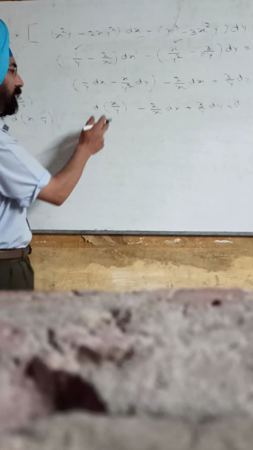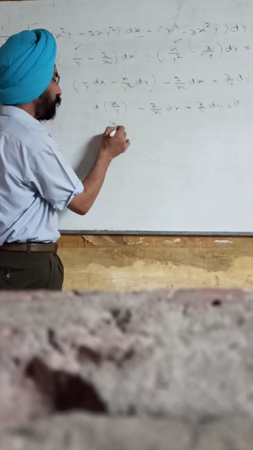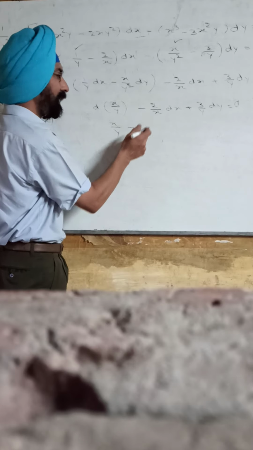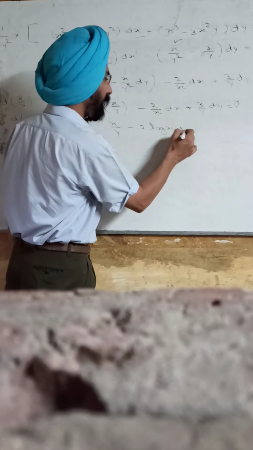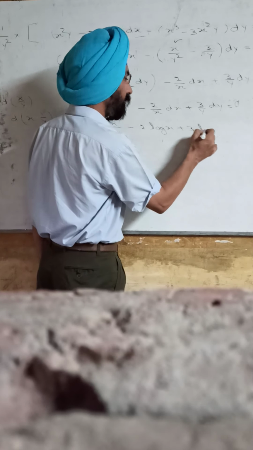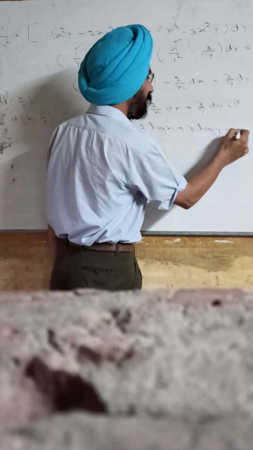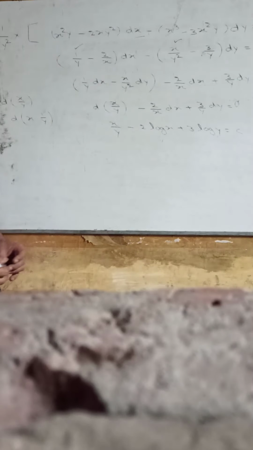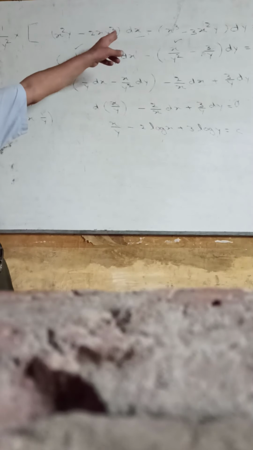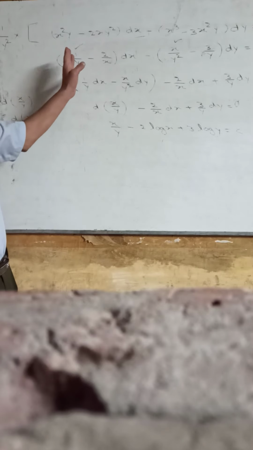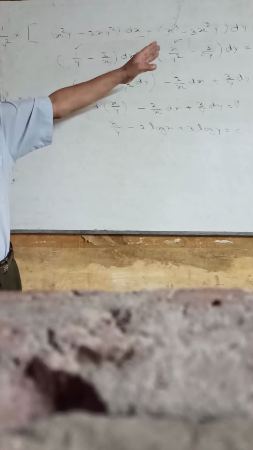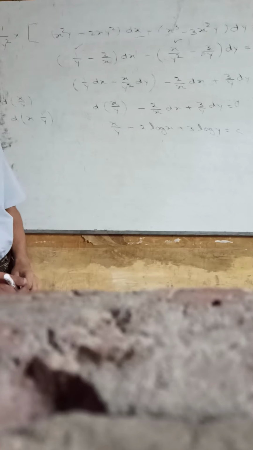Integrating both sides, the first term integral will become x upon y, obviously, minus 2 times log of x plus 3 times log of y is the constant of integration, which is the required solution of this homogeneous differential equation, where each term of M and N are of the same degree 3.